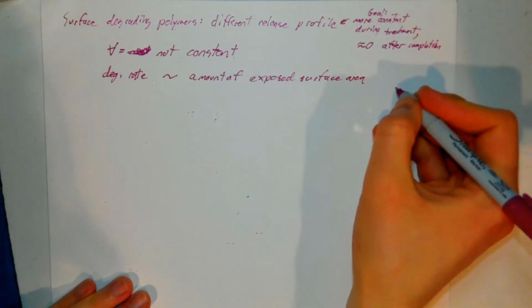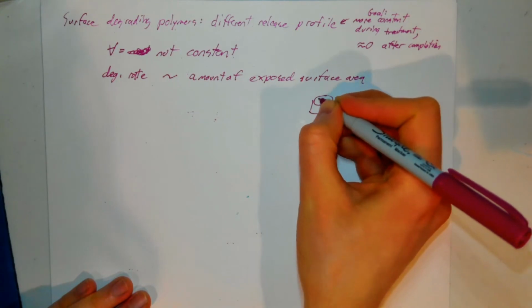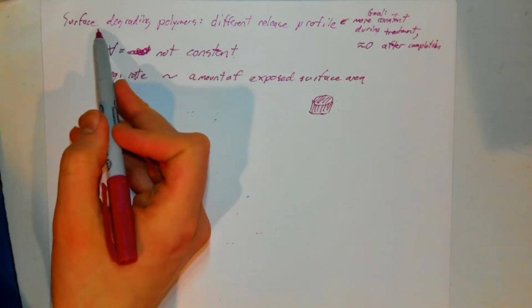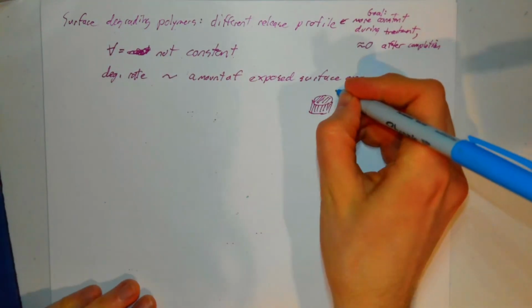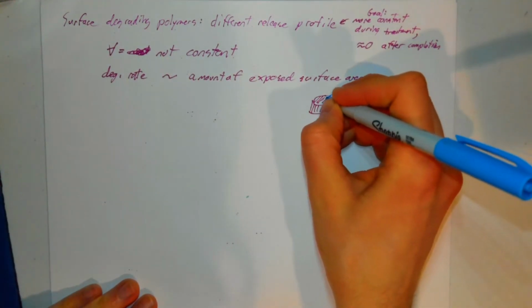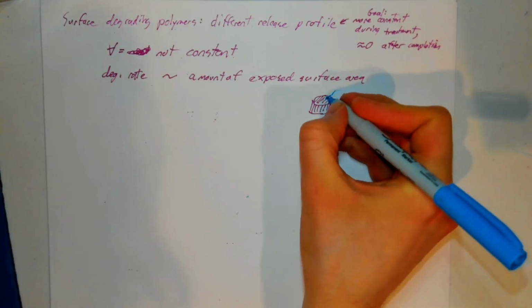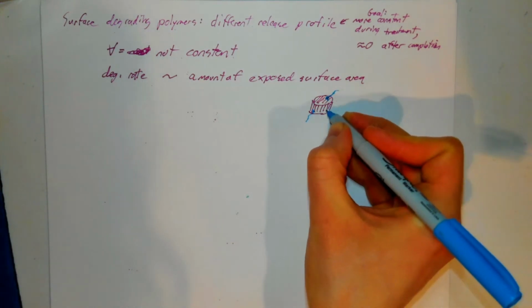Basically, if I have some device and some surface area exposed, remember the characteristic of surface degrading polymers is that water comes in and interacts with the polymer. Anywhere on the surface is eligible for that water to react with, but that water can't really make it all the way to the bulk.